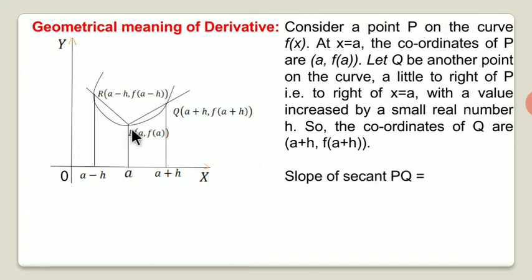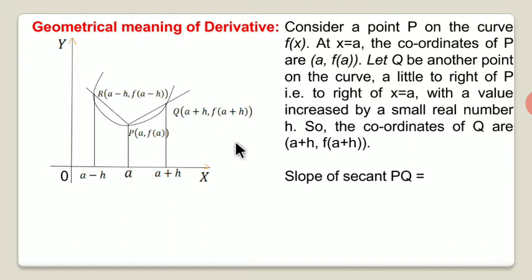Now, using these coordinates of point P and Q, we can find the slope of secant PQ. We know if there are 2 points on a line, suppose that 2 points are A (x1, y1) and B (x2, y2), then the slope of that line AB is y2 minus y1 divided by x2 minus x1.